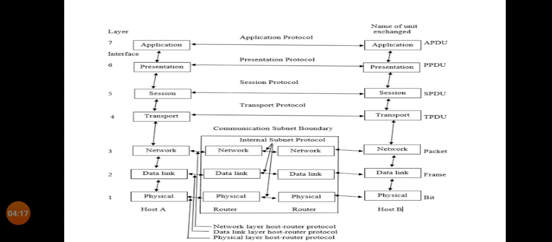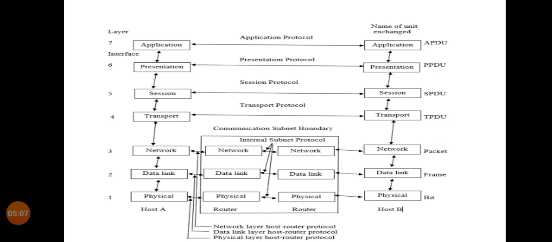Between the presentation layers there is the presentation protocol, and likewise the session protocol and transport protocol for the session and transport layers. These protocols represent the rules by which the application layer of host A must work with the application layer of host B, and the presentation layer of host A must follow the protocol with the presentation layer of host B, and so on. The remaining three layers, network, data link and physical, don't have separate end-to-end protocols; they work on the subnet. The square box you see here is the communication subnet.